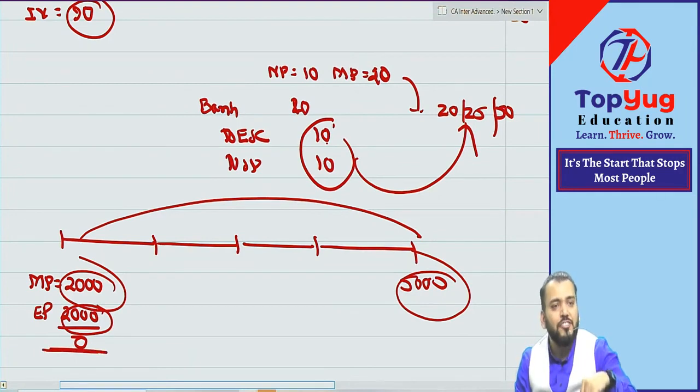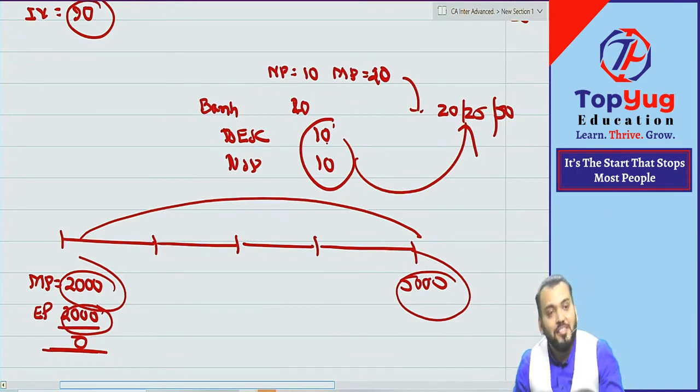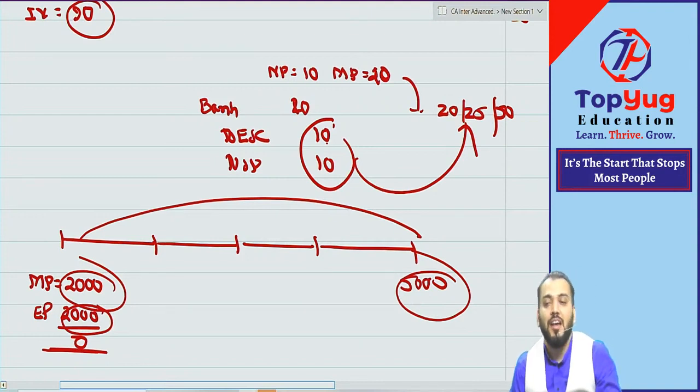If the value of the right is 0, then no one will perform the condition. Will you be motivated? You will be demotivated. So even though the intrinsic value is 0, it has some fair value, and therefore there is a concept of fair value of options. Have you understood this point?